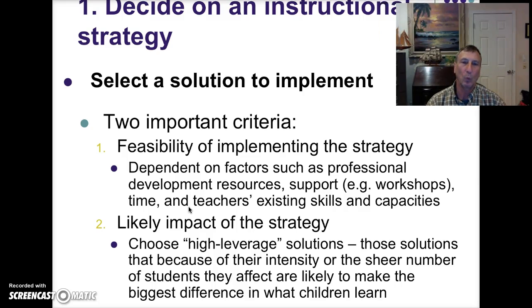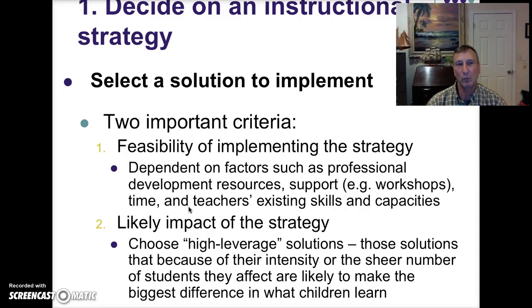So what do you discuss on the solution? Well, two important ideas here is, number one, the feasibility of implementing a change strategy, and the impact of it, whether or not it could potentially work.